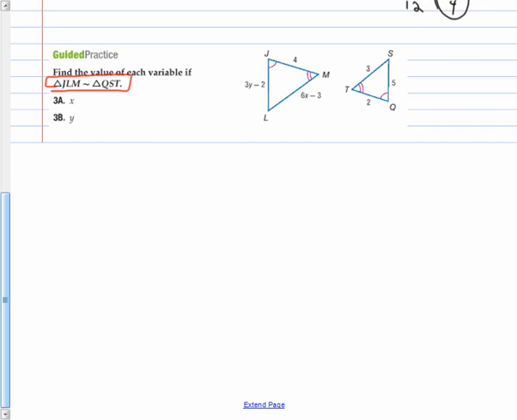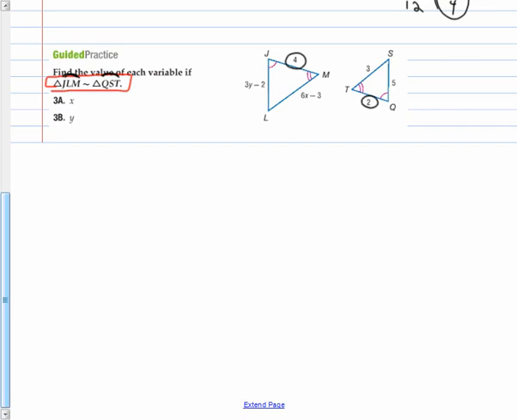So I can take and find two sides where I know the values between 1 and 2 of the angle marks. Those are the ones that correspond. JM and QT. JM, the first and last here, QT, the first and last, those are the ones that correspond.